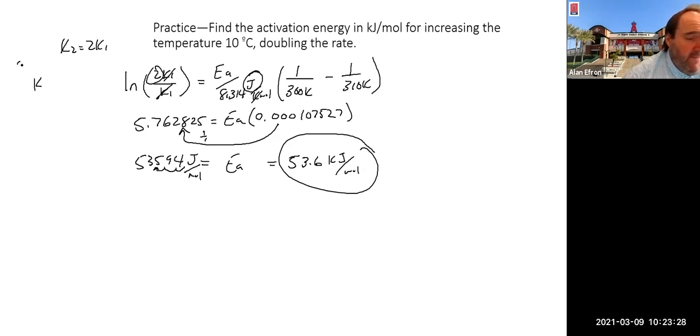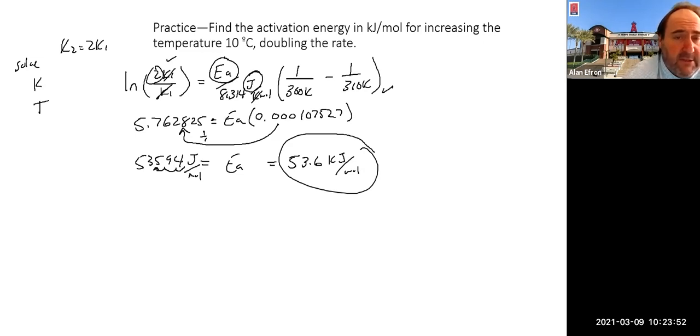You could solve for a temperature as well, depending on the information given to you. So you won't always be solving for activation energy, but it is a common thing that you solve for. But you could solve for a rate constant, or figure out an initial or final temperature situation. So you have to rearrange all these sometimes.